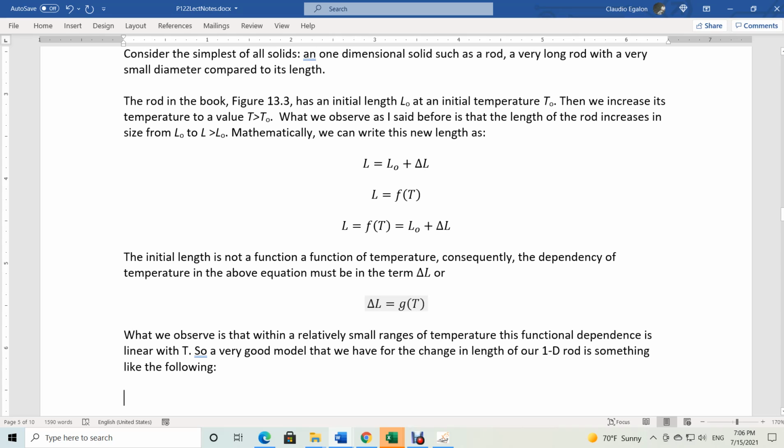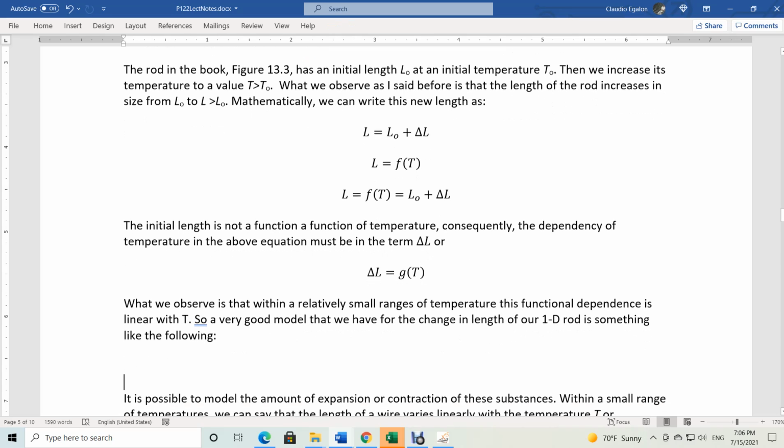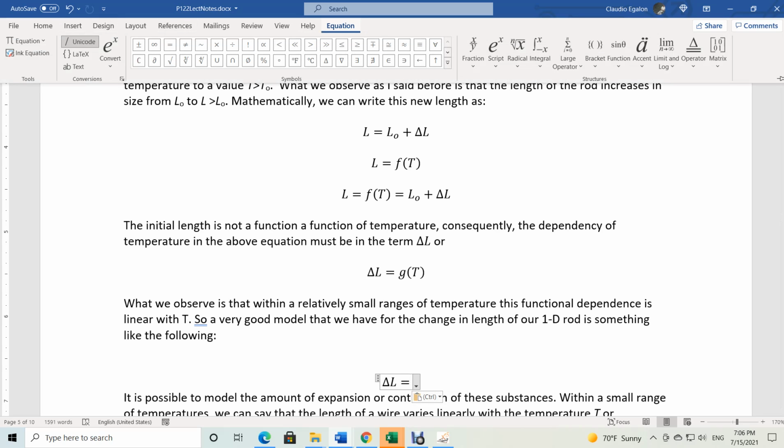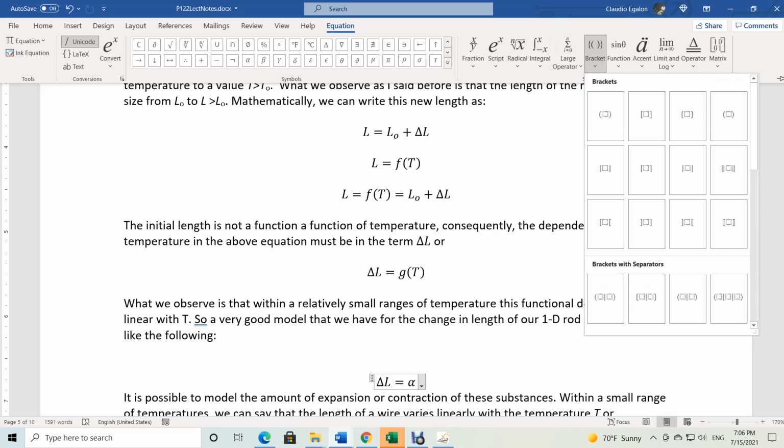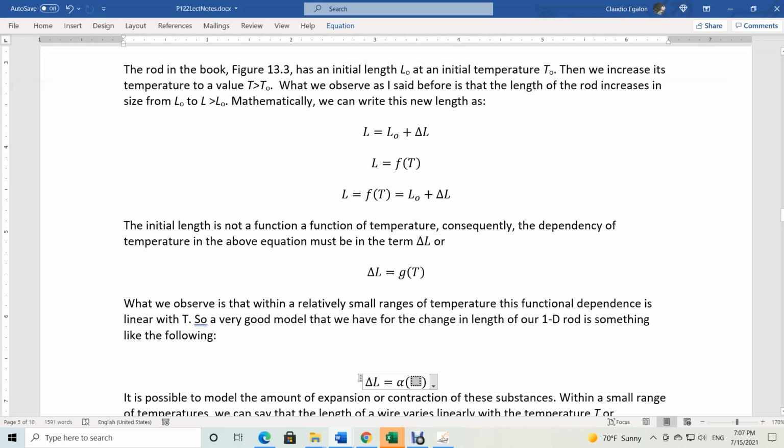Delta L is going to be given by a constant, which I'm going to denote by the letter alpha, multiplied by the temperature difference with respect to the initial temperature.